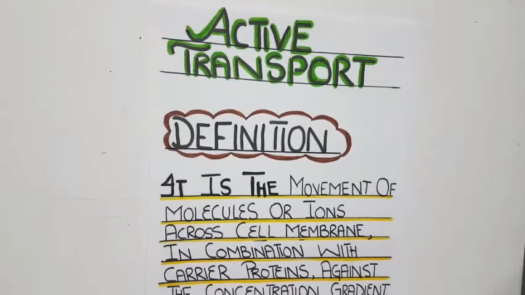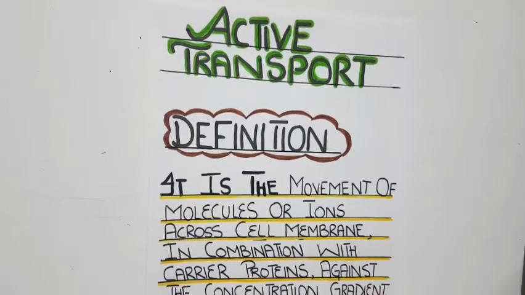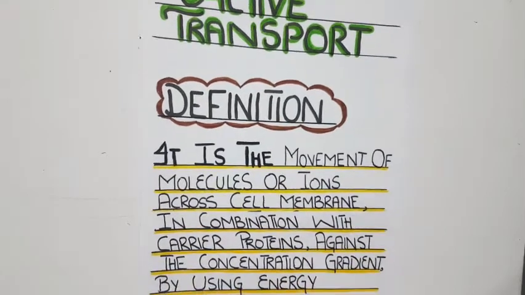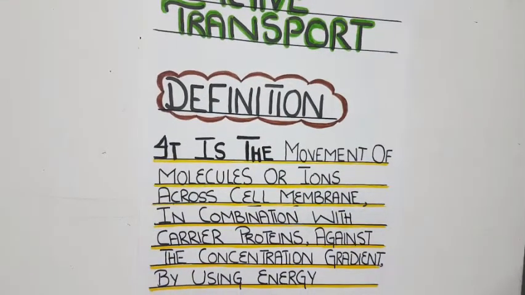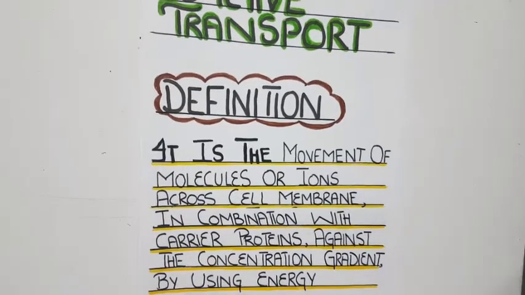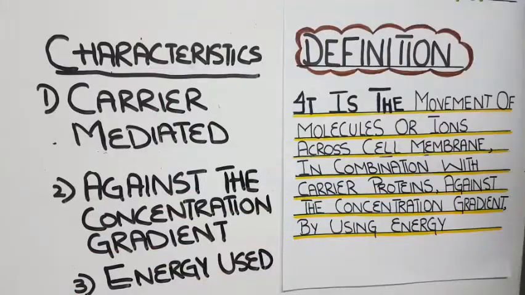Active transport is defined as the movement of molecules or ions across the cell membrane in combination with carrier proteins against the concentration gradient by using energy. This definition shows us different characteristics of this process.